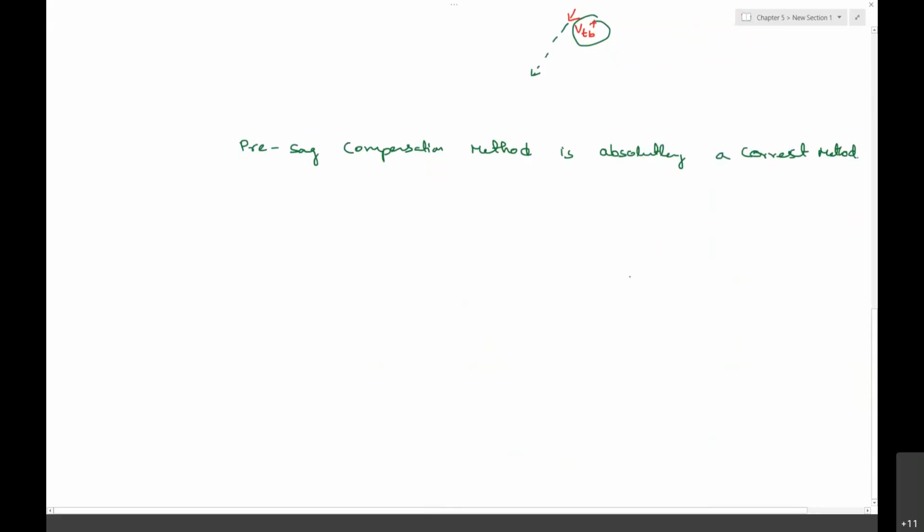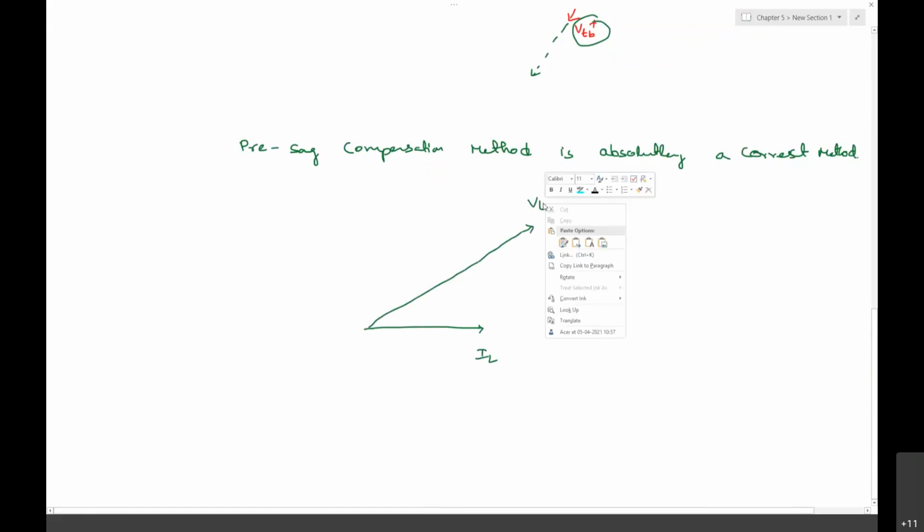The ambiguity that is there is that they are fixing this IL. Here is the VL, VT1; they are fixing VT2 and also this particular IL.